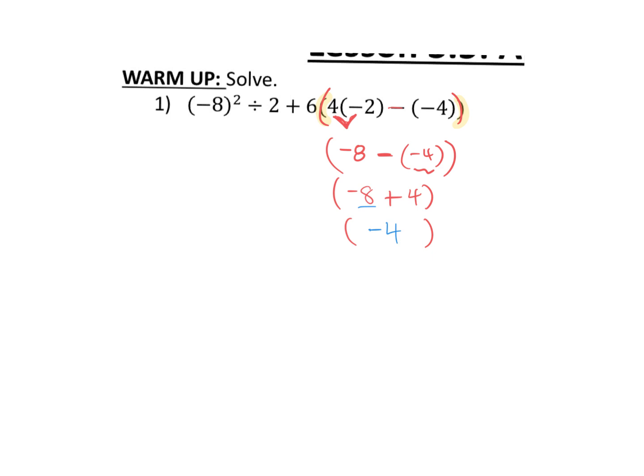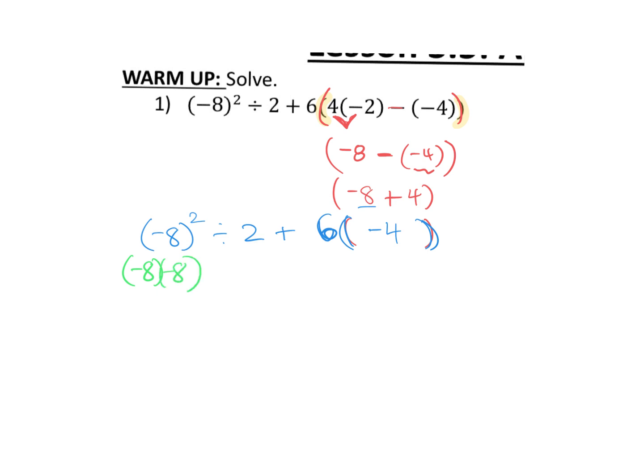So now let's rewrite it. I've got -8 squared divided by 2 plus 6 times -4. Okay, again, when it's right next to each other, it means times. So my order of operations, next comes exponents. So I'm going to do -8 squared, which is -8 times -8.